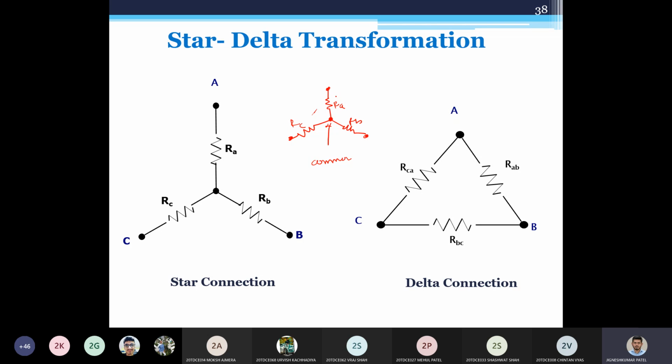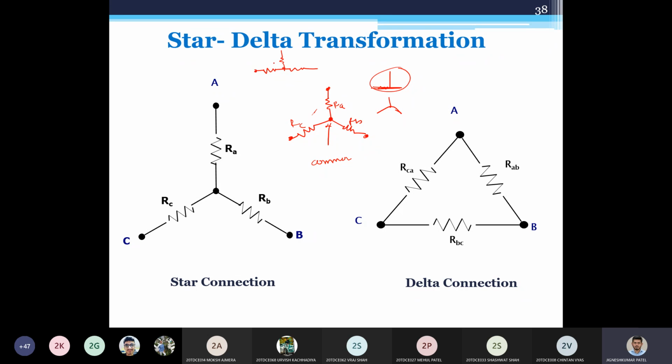So one end of each resistor, RA, RB, and RC, is connected at a common junction, and this is a star formation. You can see it looks like a star. You might see it drawn like this sometimes, or like this sometimes, but this is also a star.